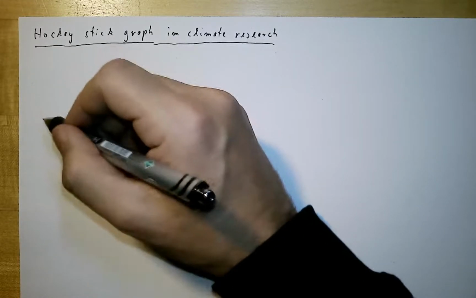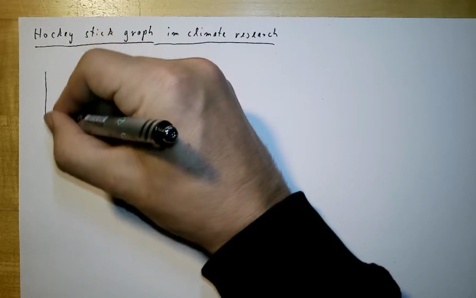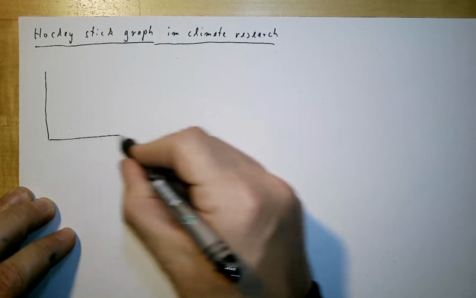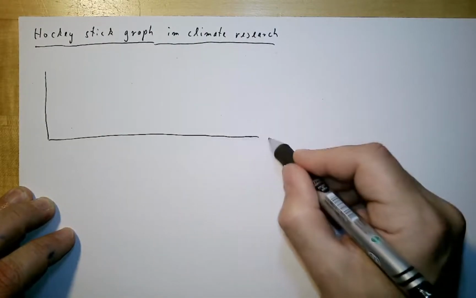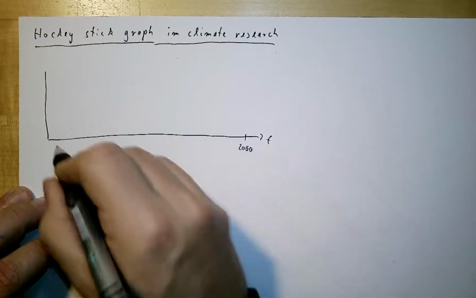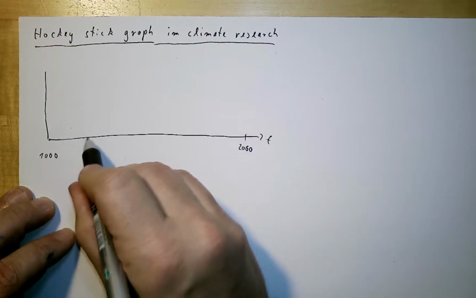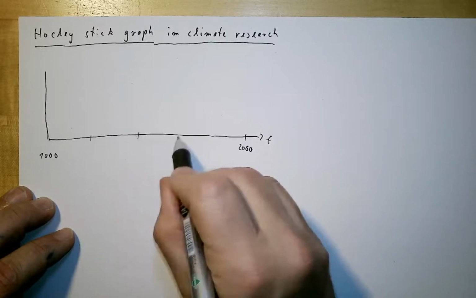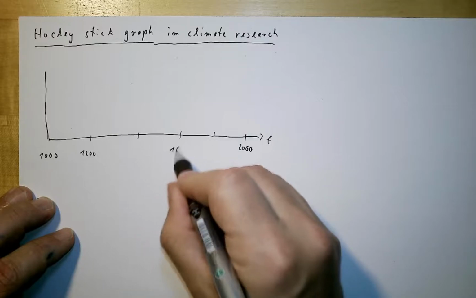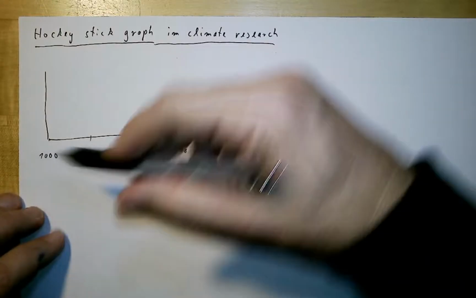And there some very classic reconstructions are, if we go back in time, so here we have time. Maybe here we have the year 2000, and maybe here we have the year 1000. And now you can go in different time windows back in history. And now here we look at the temperature.